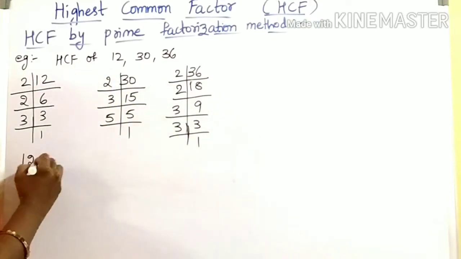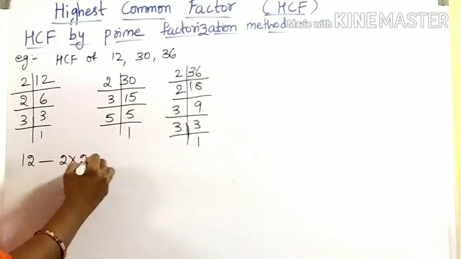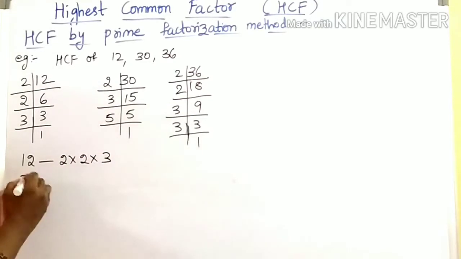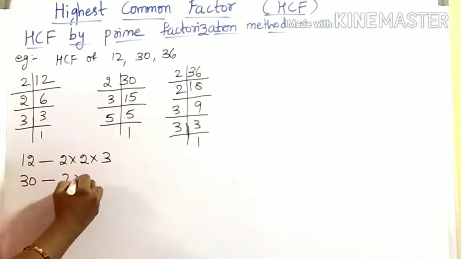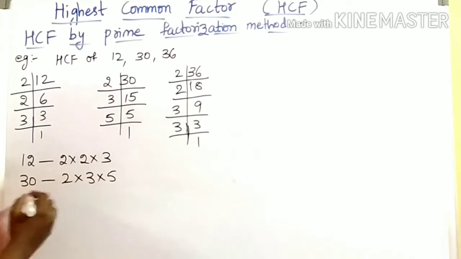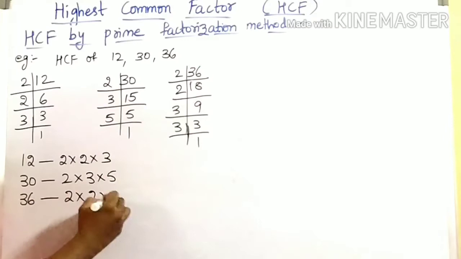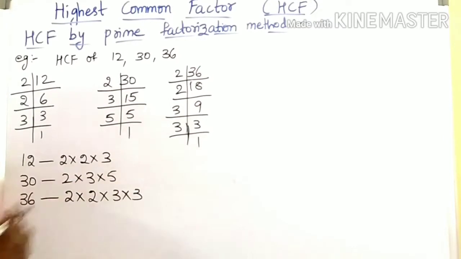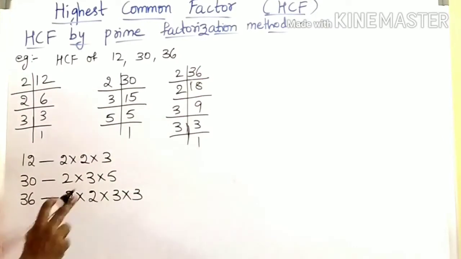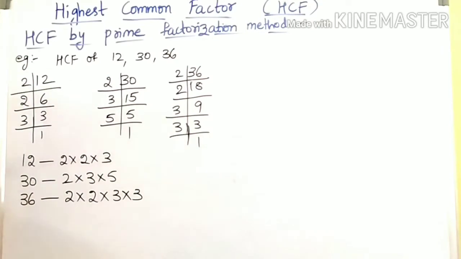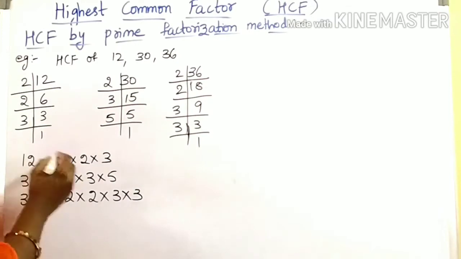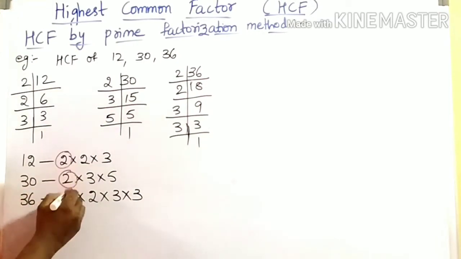Now 12 you got as 2 into 2 into 3, 30 as 2 into 3 into 5, and 36 as 2 into 2 into 3 into 3. Now list the common factors of these 3 numbers. 2 is common in the 3 numbers.